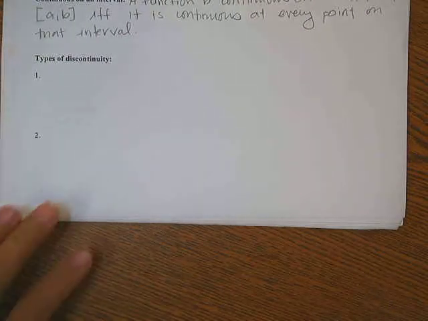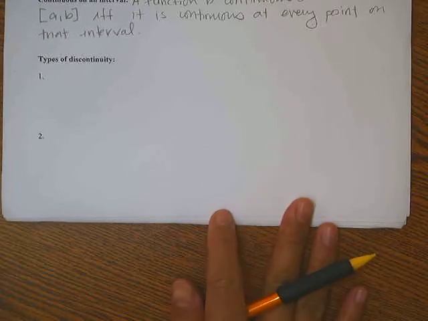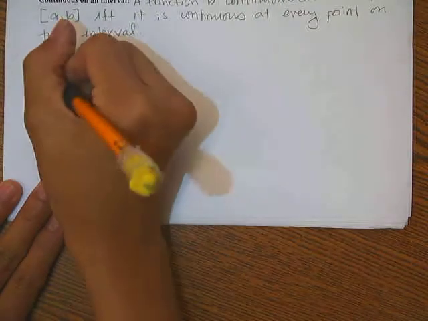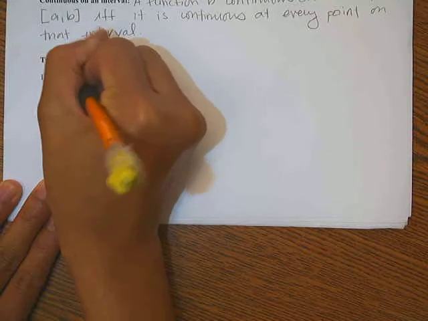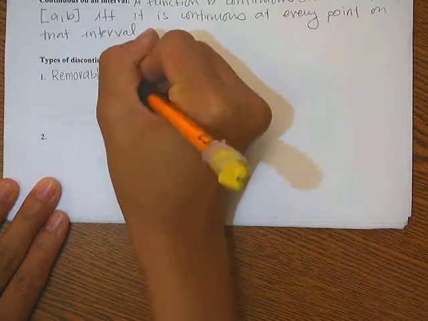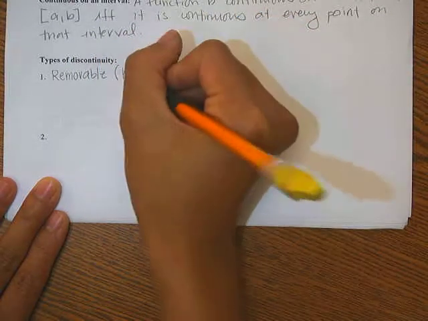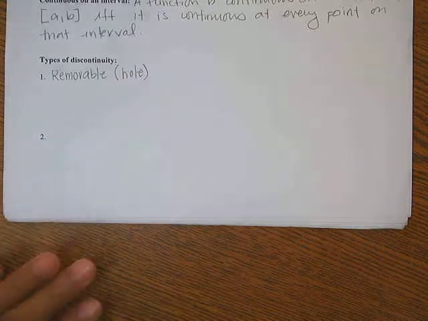The first type of discontinuity is called removable, or in first semester algebra we call that a hole.